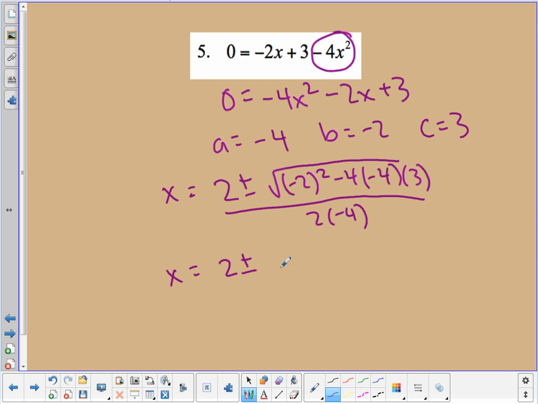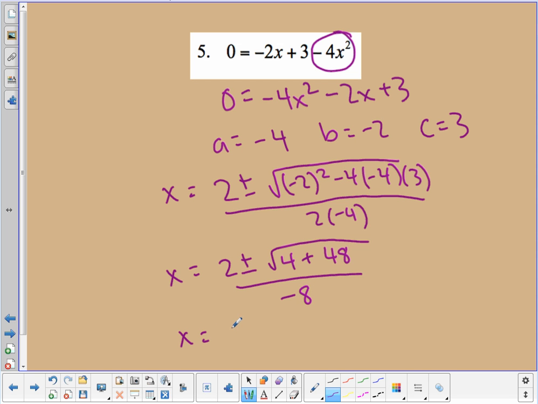So that's 2 plus or minus the square root of negative 2 squared, which is positive 4. Negative 4 times positive 3. That's going to be 16 times 3, which gives me a 48. And a negative times a negative is positive, so plus 48 all over negative 8.